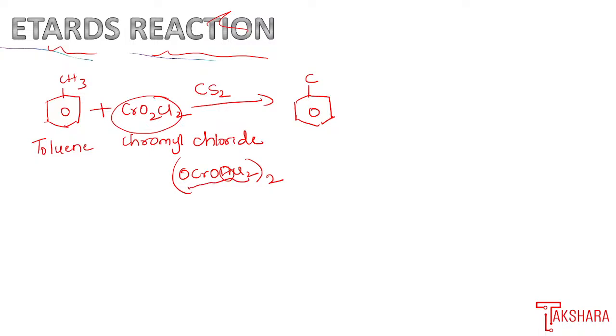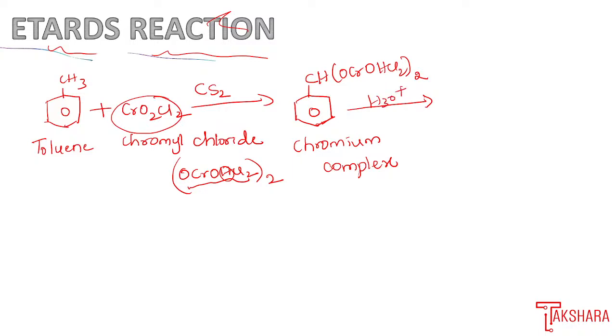So we will get CH, then OCrOHCl2 twice. This product we call the chromium complex.